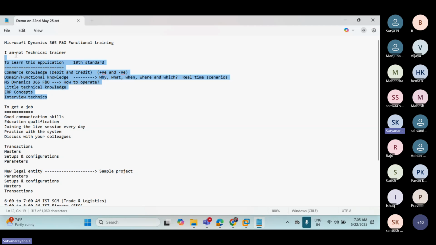Along with the skills, if you want to get a job, you have to have good communication skills and an educational qualification. You have to have some degree for companies, not for me. Join the live sessions every day without fail. If you miss 1 or 2 days, no problem, but you need to join regularly, practice with the system, and discuss with your colleagues.